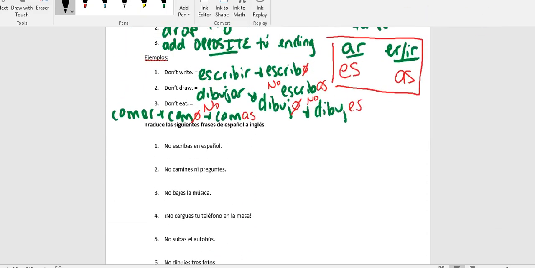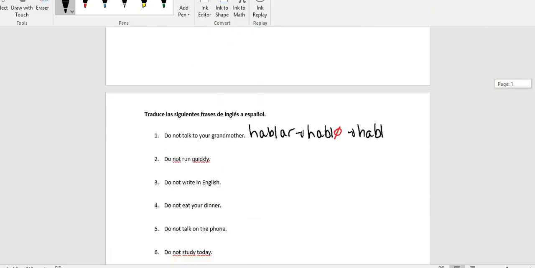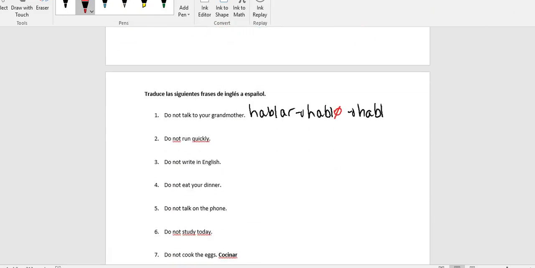AR verbs have to end in ES for our negative commands. So it'll be hables as your ending. So you end up with no hables con tu abuela. Okay? So as you go through, that's the pattern you want to follow and use that key up above.